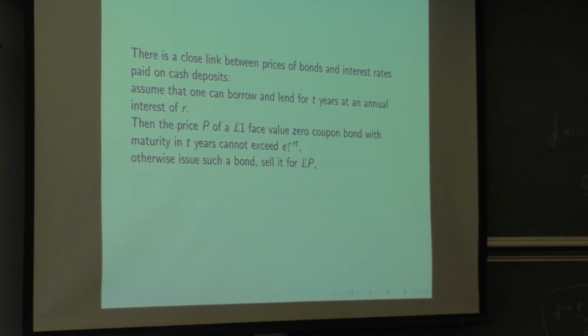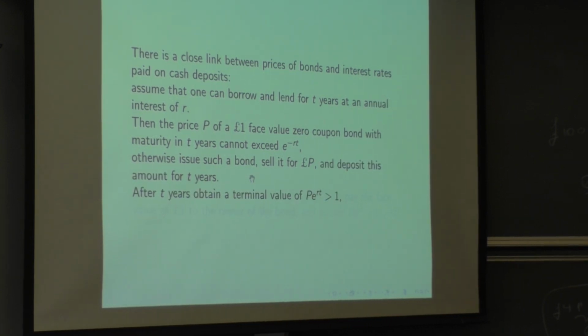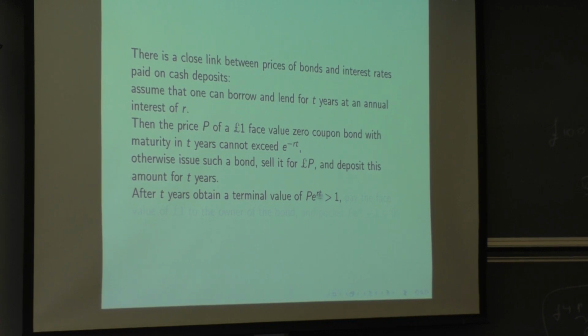So we sell it for P, we take P pounds, we deposit this for T years. After T years, earning a continuously compounded interest rate of R, we obtain a terminal value of our deposit, which is the original amount times e to the interest rate times time. Under the assumption that P exceeds e to the minus RT, this product here is greater than 1.